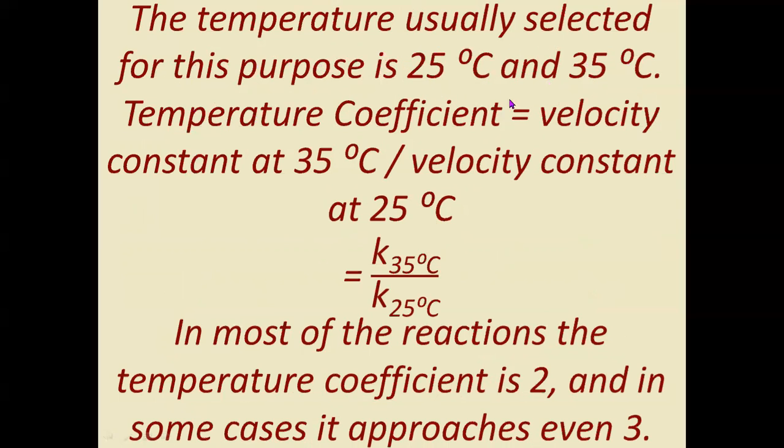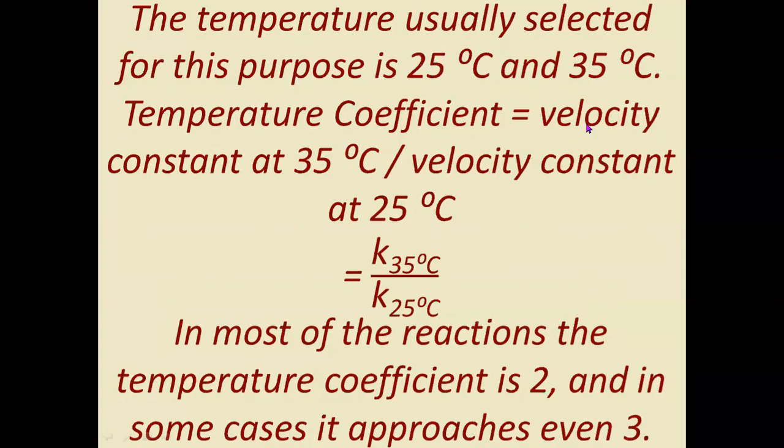So the ratio of K for 35 degrees and K for 25 degrees centigrade will give you the temperature coefficient. Mathematically, the temperature coefficient will be equal to the velocity constant at 35 degrees centigrade divided by the velocity constant at 25 degrees centigrade.